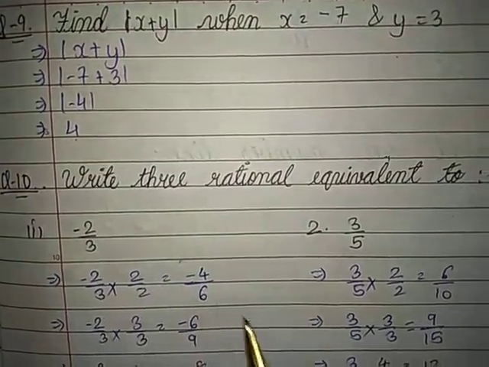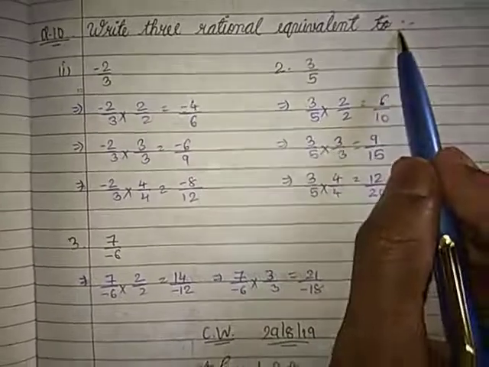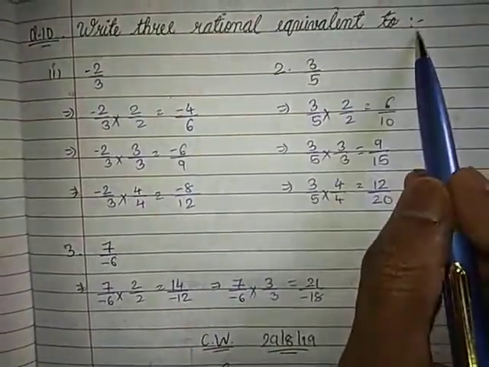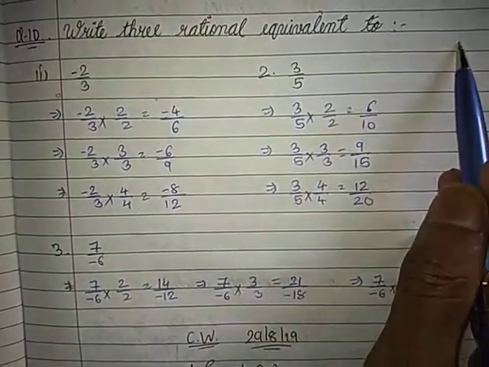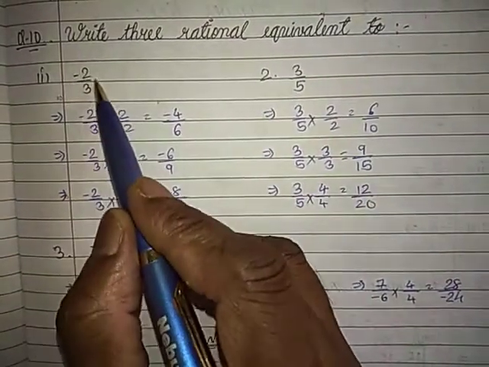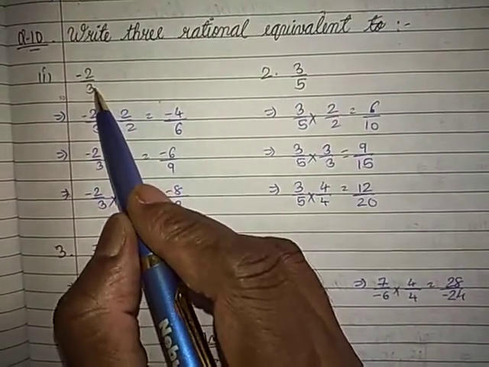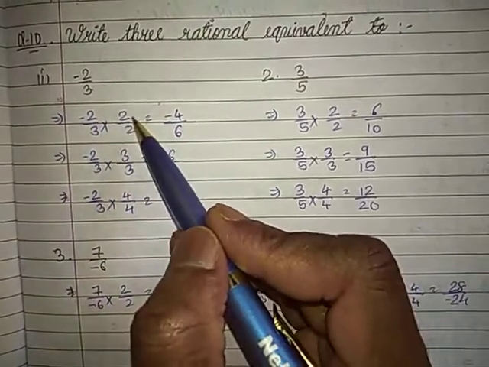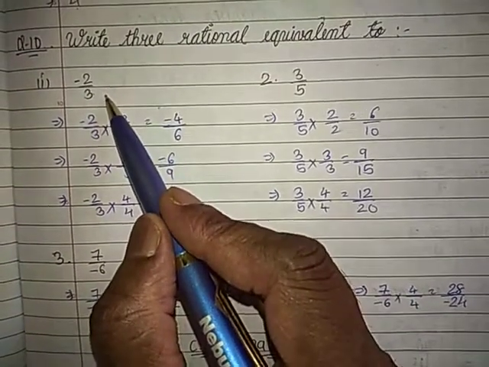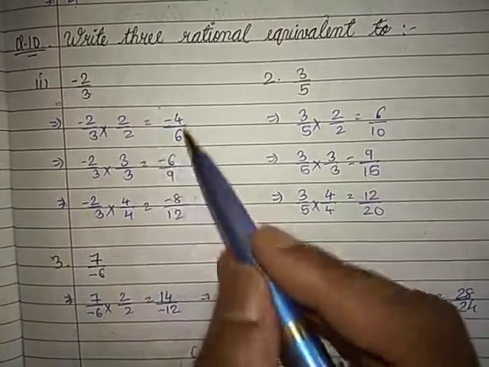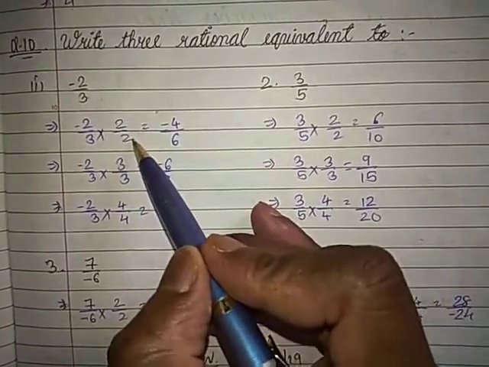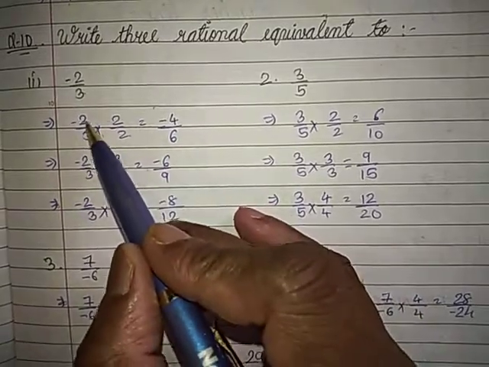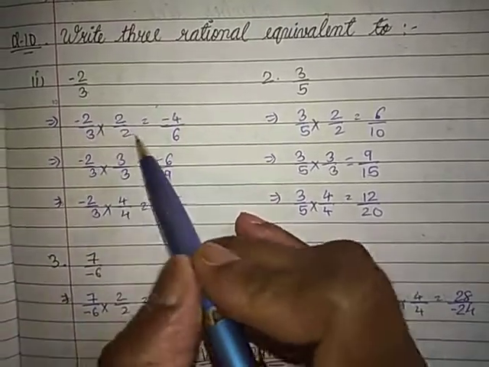Now, write 3 rational numbers equivalent to the given one. First is minus 2 by 3. Here you can multiply the numerator and denominator with any rational number. So let's multiply the given rational number with 2 by 2. So what we get? 2 2s are 4, minus 4, 2 3s are 6.